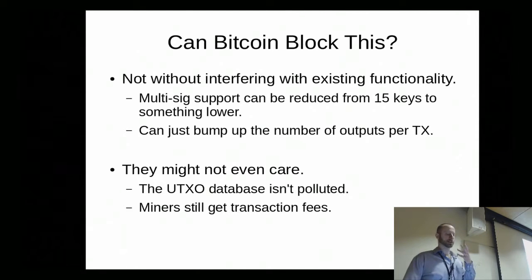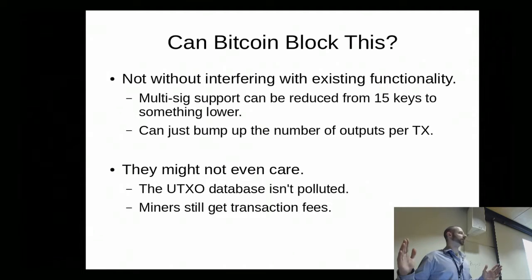And if they did that, you can just bump up the number of outputs per transaction. So you should be able to always fill up that 10,000 byte limit one way or another. So it seems like they probably can't block this. The thing is, they might not even care. One of the biggest things they cared about in the beginning was the UTXO pollution, which would create a pretty major problem for them.